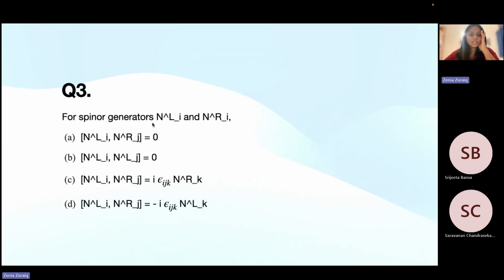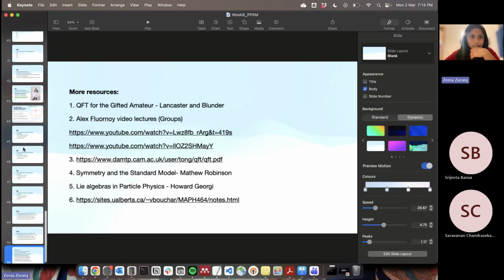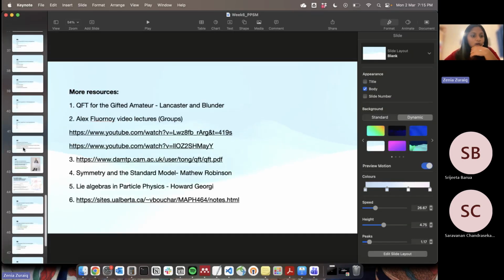So for spinor generators, I didn't touch on this, but I thought I had slides on this. One second. Okay, I guess not.